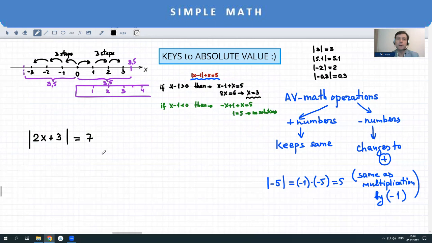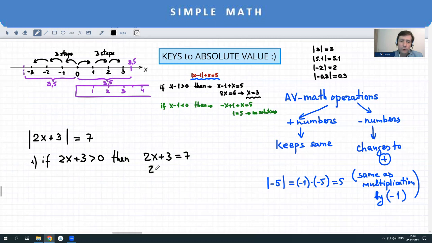Again, same thing. First, if 2x plus 3 is positive, then we don't change anything. 2x plus 3 equals to 7, 2x equals to 4, x equals to 2. Solved.